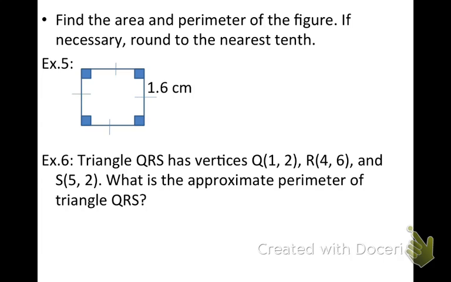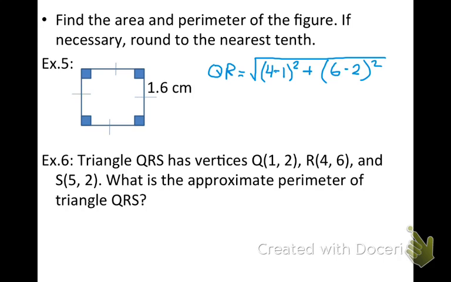So if we look for the length of the side QR, we're going to need to apply the distance formula and take the square root of the difference in the x-coordinates, 4 minus 1 squared, plus the difference in their y-coordinates, 6 minus 2 squared.